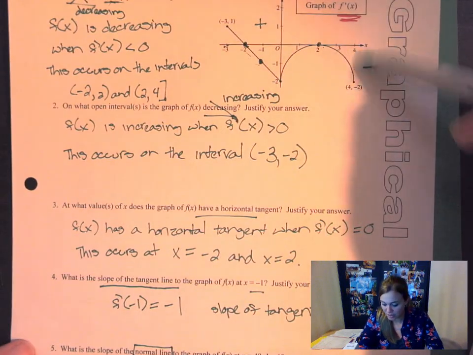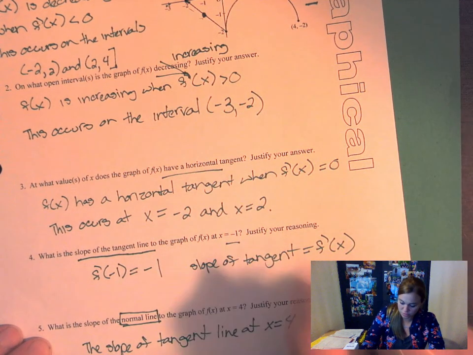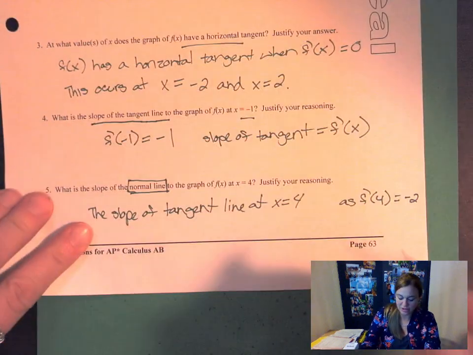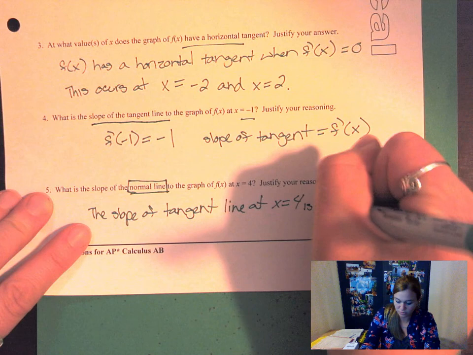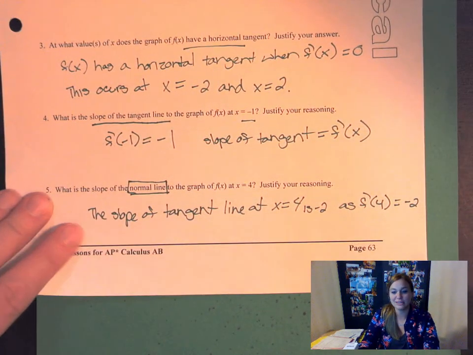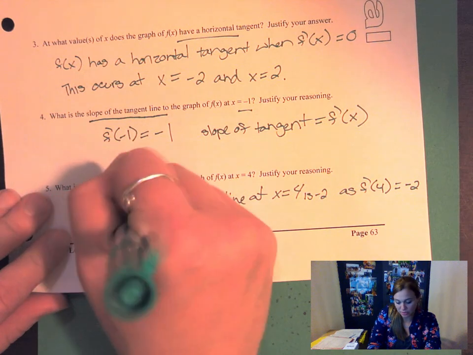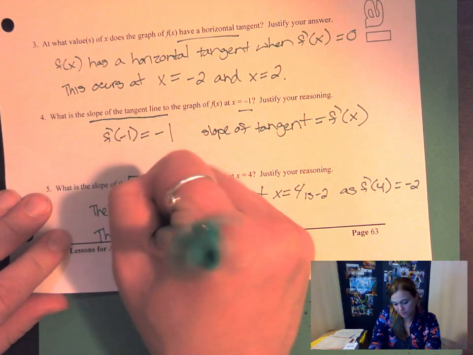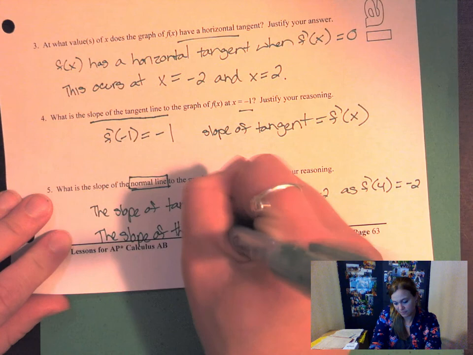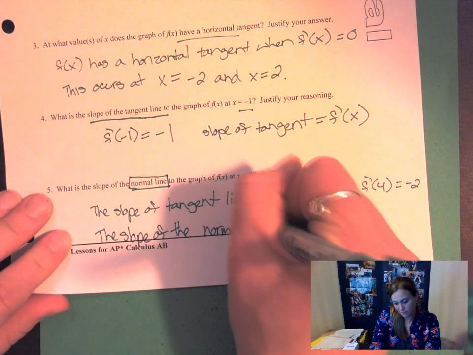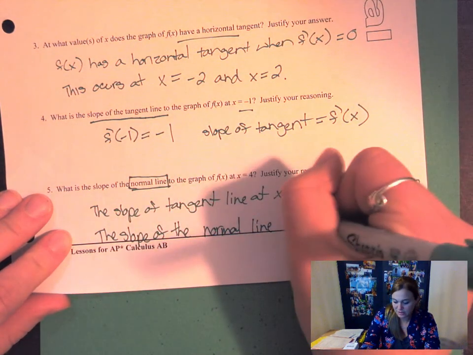F prime of 4 is -2. Slope of the tangent line at x equals 4 is -2. And it's because f prime of 4 is equal to -2. This point is from the graph. So I'm going to say the slope of the normal line is +1/2.